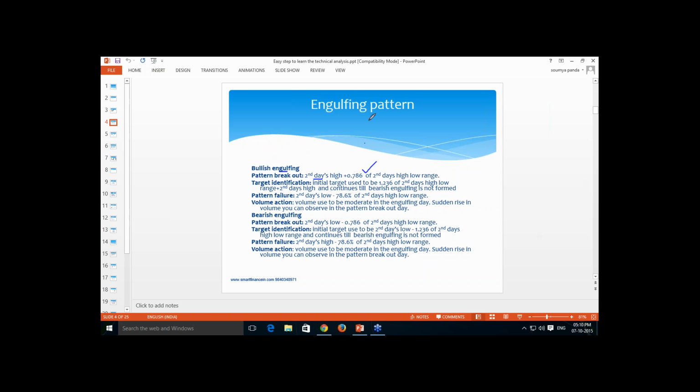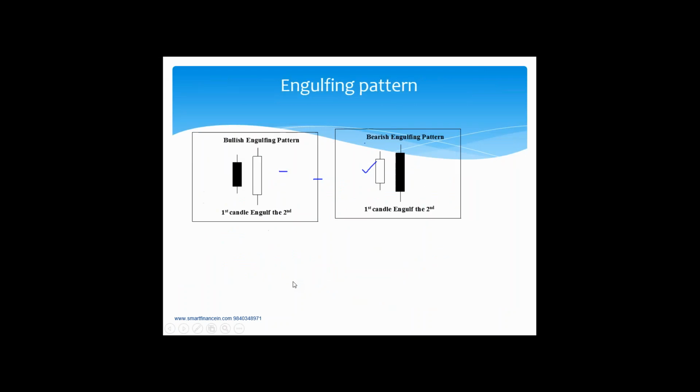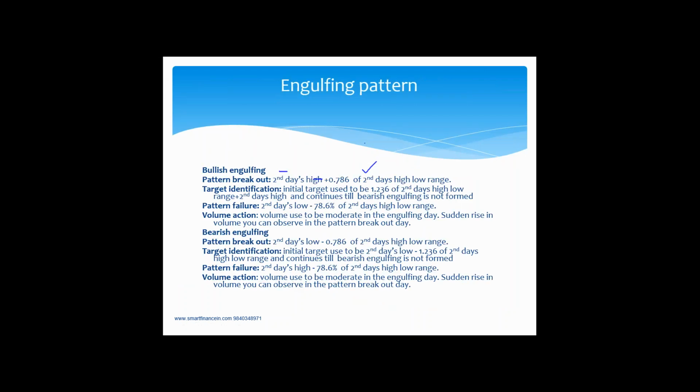I have told this on many earlier occasions. The 0.618 to 0.786 is known as your death zone. This death zone is very important for a trend breakout.